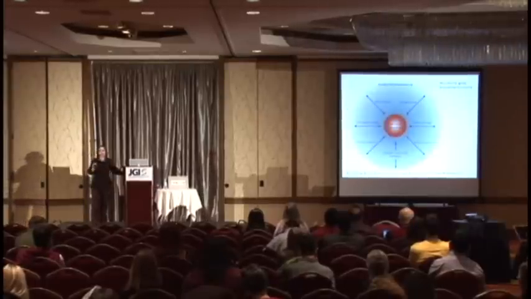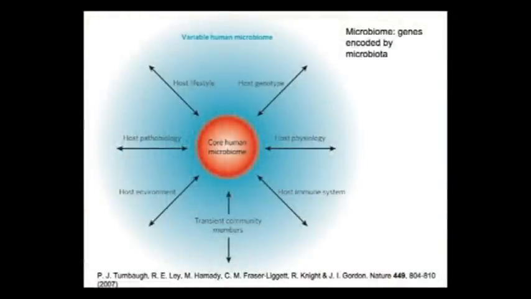But the pattern that's emerging is that there's a core microbiome, or core lineages that are shared amongst all of us. That's a relatively small fraction of the microbiota, of the lineages, and then we share functional genes as well.